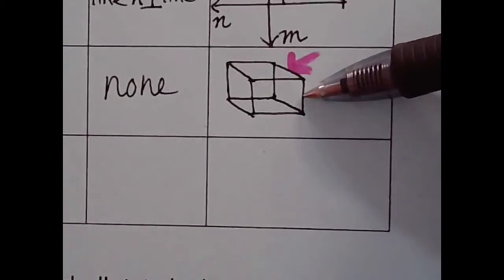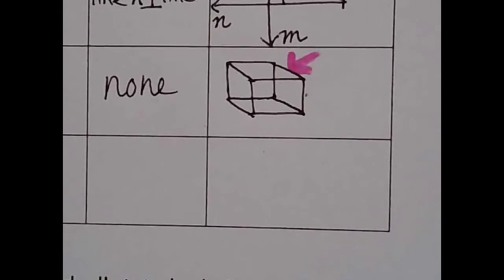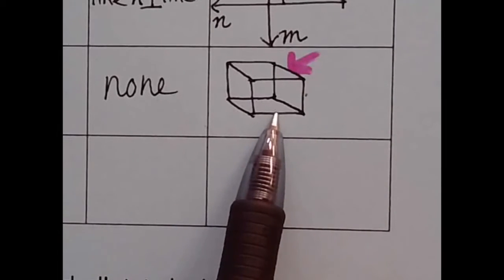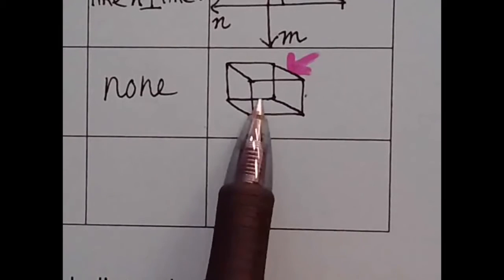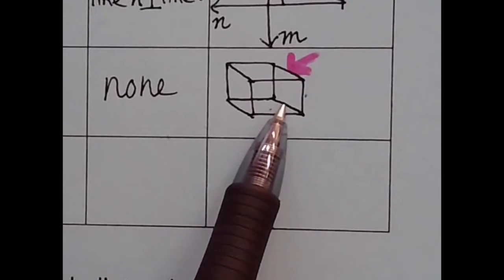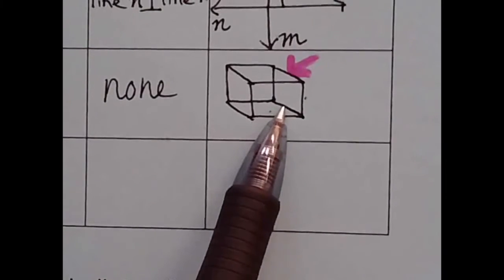If I want to find a line that is skew, I'm looking at this one down here, or this one over here, or this one over here, or here. Could I pick this one here that my pen's pointing at? No, I can't pick that line because it's on the same plane and it's also parallel. So you could point at a couple different lines, but I'll just go ahead and point at that one.